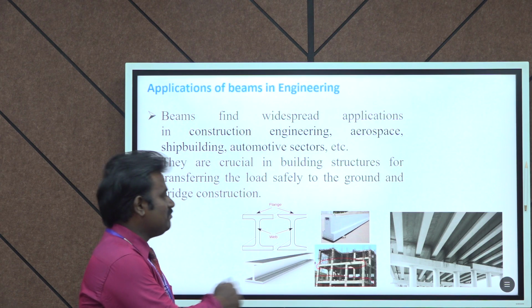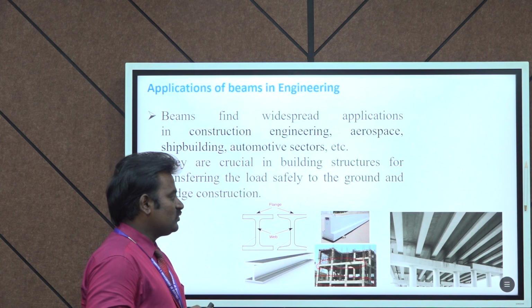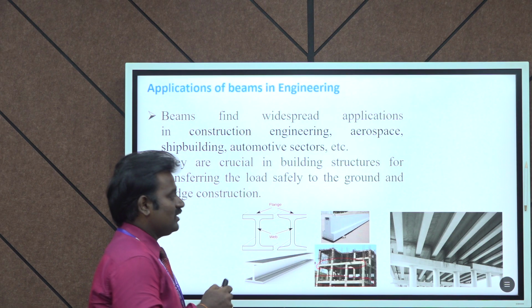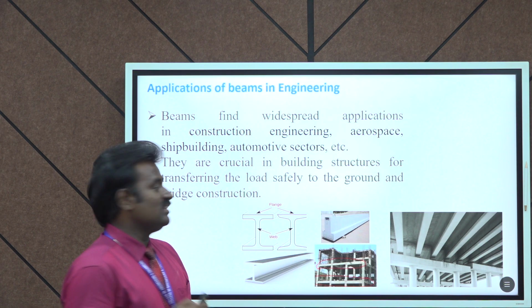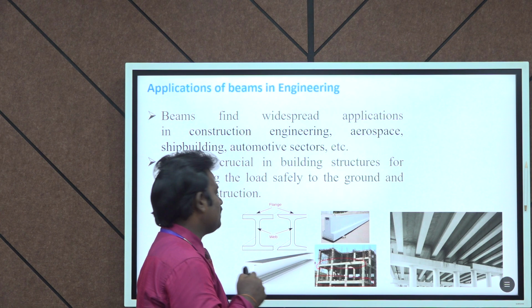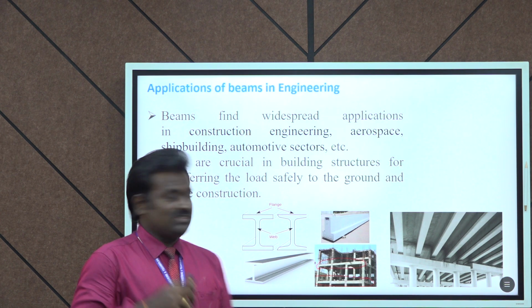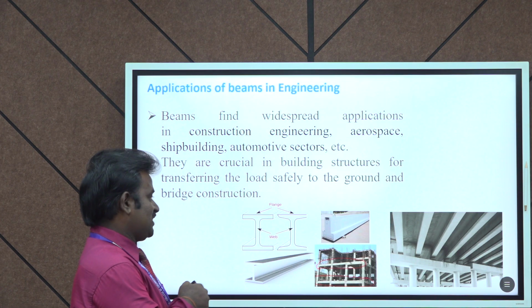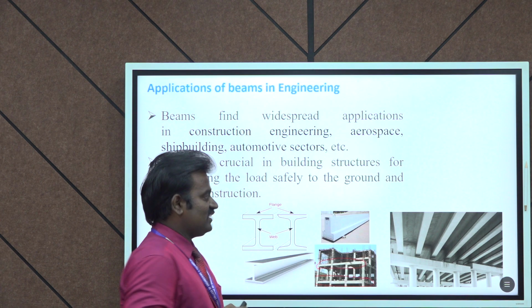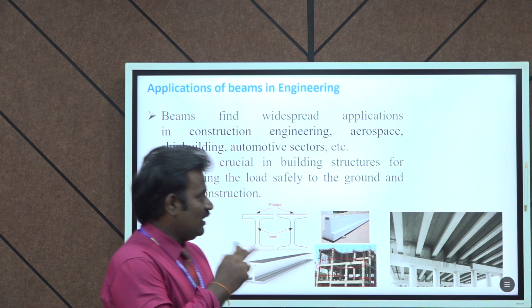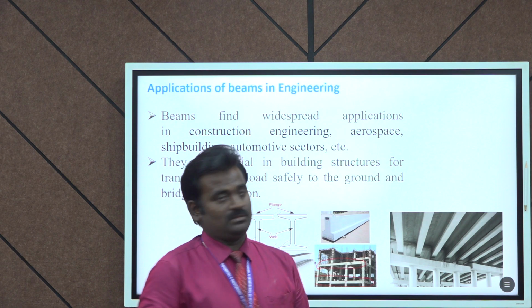These are some examples of beams used in the construction sector, as well as in roofing and bridges. So these are some engineering applications of beams. Beams have different types of sections. Here I am mentioning the I section, the T section and the inverted T section. So these are some cross sections of beams.